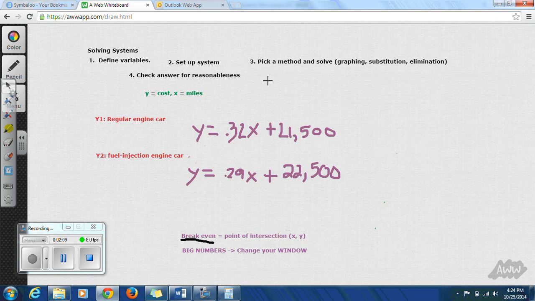What I want you to notice now is it asks you to calculate the cost of operating each vehicle for 1,000, 10,000, and 50,000 miles. On our last question, we were looking at the new freezers. We were looking at it in months, and I suggested going to your graphing calculator and looking at the table. On this question, we could also do this.